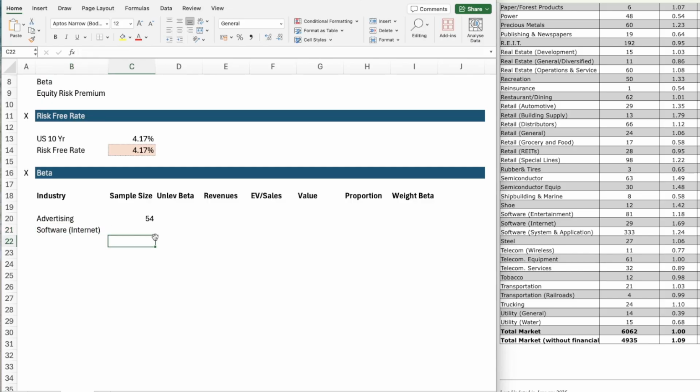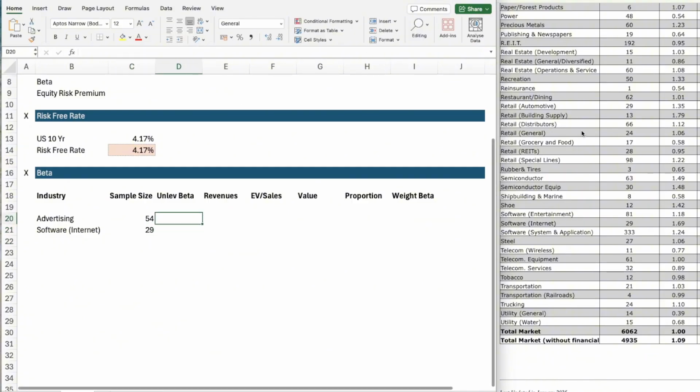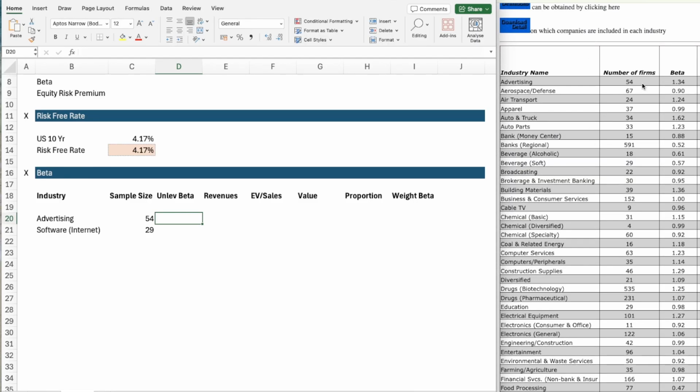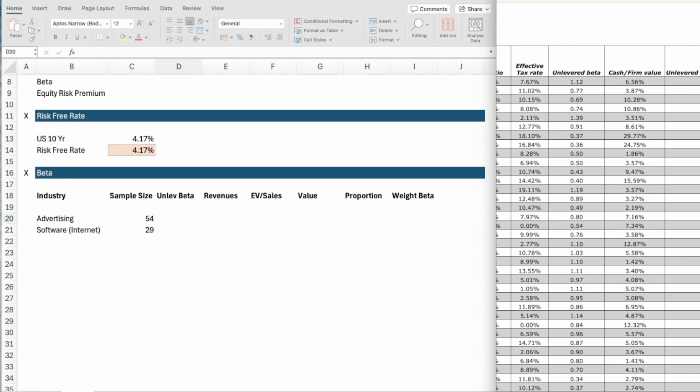I think let's leave it at internet. Again, that part is so small. It's such a small part of Facebook that it's not going to have an impact on the beta. So the unlevered beta is 1.12.